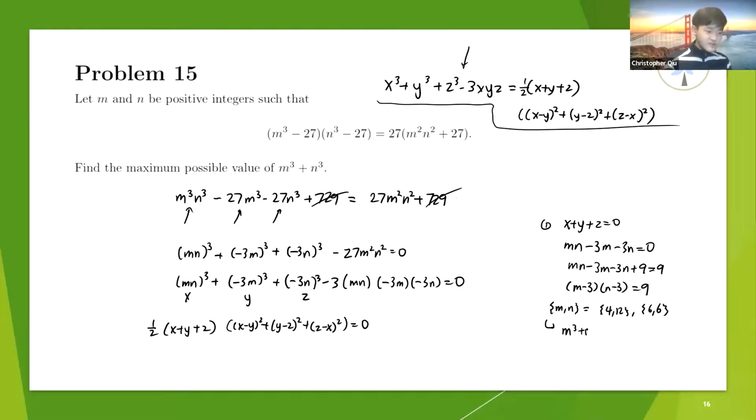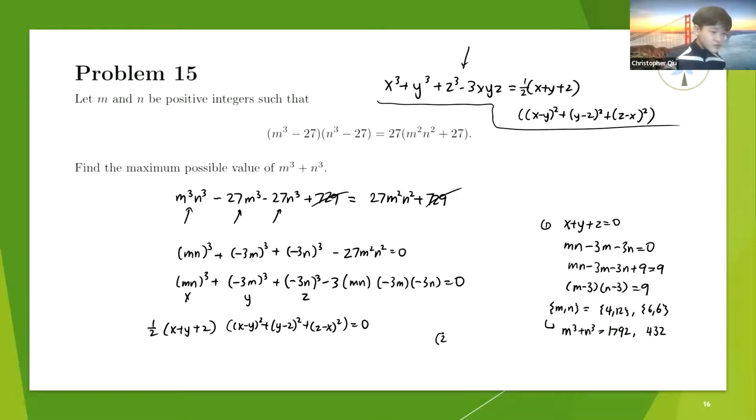In these two cases, we can see that m cubed plus n cubed is equal to either 12 cubed plus 4 cubed, which is 1728 plus 64, which is 1792, or it can be 6 cubed plus 6 cubed, which is 432. All right, so these are two possible values of m cubed plus n cubed, and these are the only two possible values in this case.